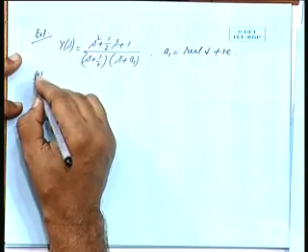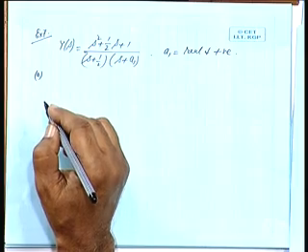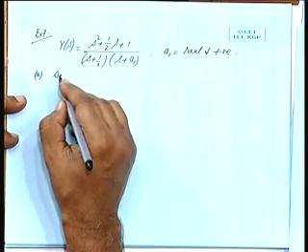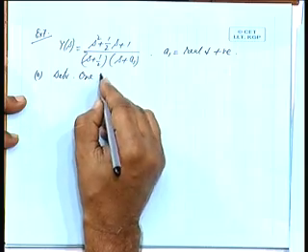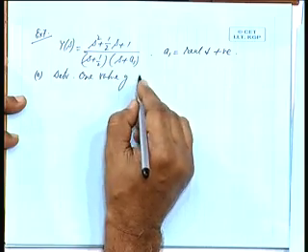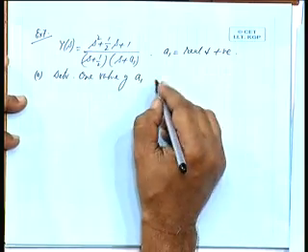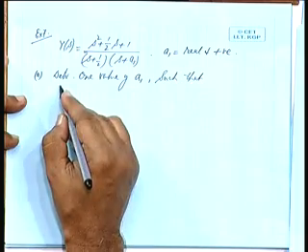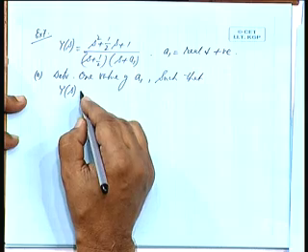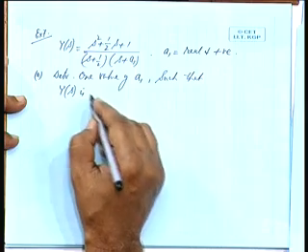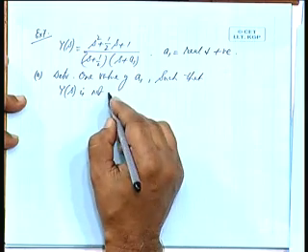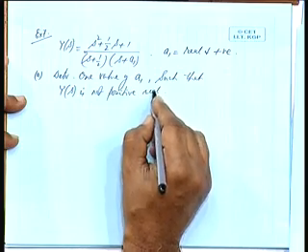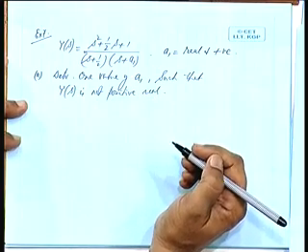Question is, determine one value of A1 such that Y(s) is not positive real.